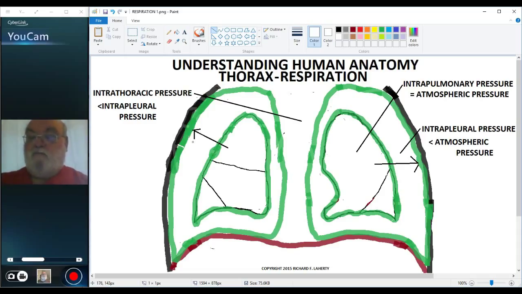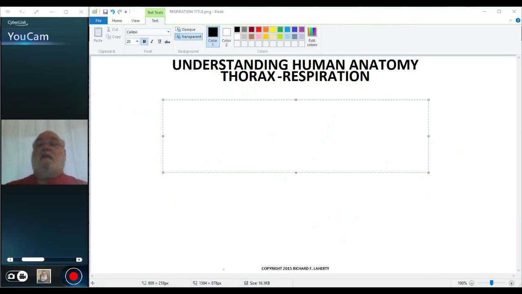Okay, now we need to again go to a clean slate to talk a second about gas law. Now, I'm not going to go over the whole ideal gas law equation. We're going to look at just a part of the ideal gas law, because when we're talking about movement of air in and out of the lungs, the other components do not change. They're constant.